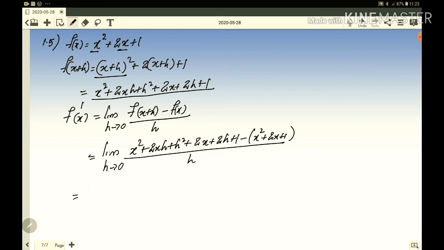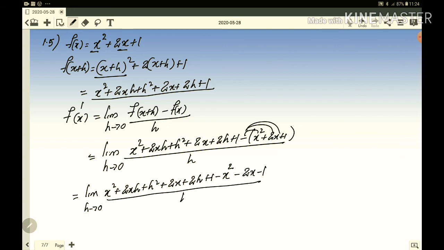So it's going to be limit h tends to 0, x² plus 2xh plus h², then 2x plus 2h plus 1, then minus, opening the bracket with minus, minus x², then you have to multiply to each term inside the bracket, that is minus 2x minus 1, all divided by h.